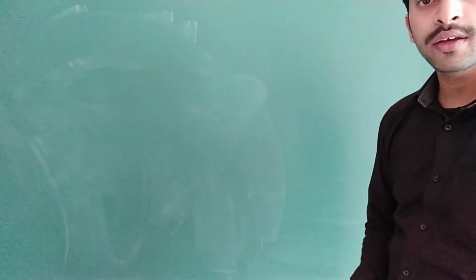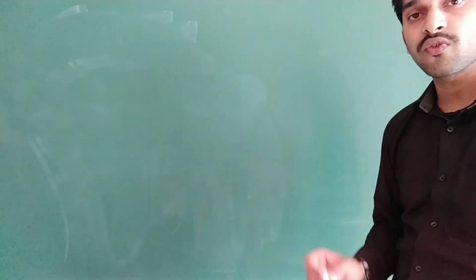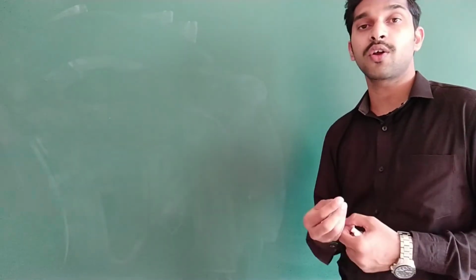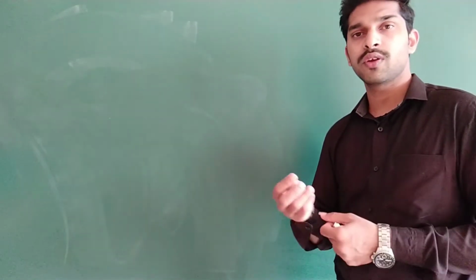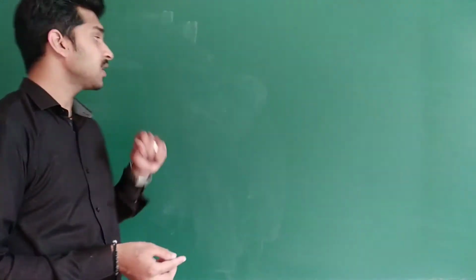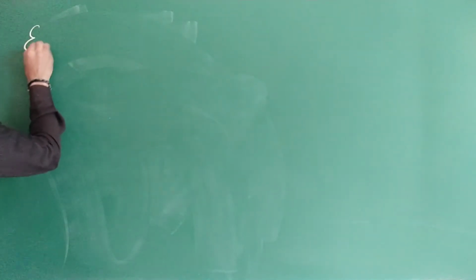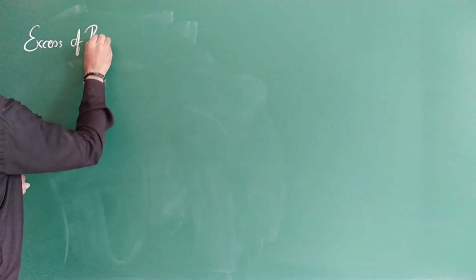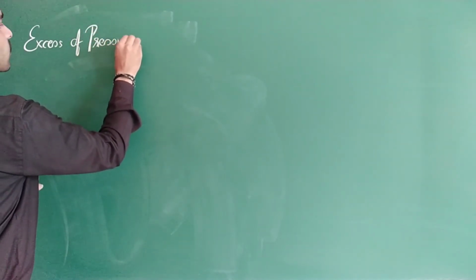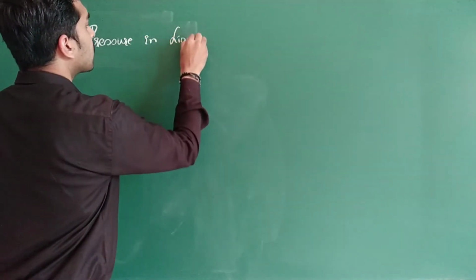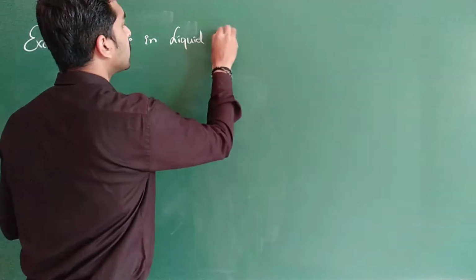Next, we are going to calculate the excess of pressure in case of a liquid drop as well as a liquid bubble. First we will be dealing with the liquid drop, next we will be dealing with the liquid bubble. So excess of pressure in liquid.